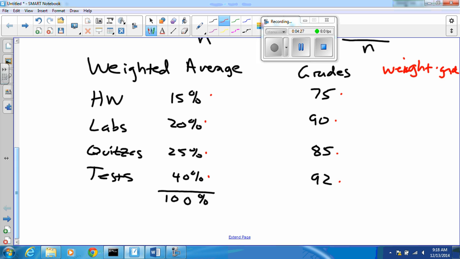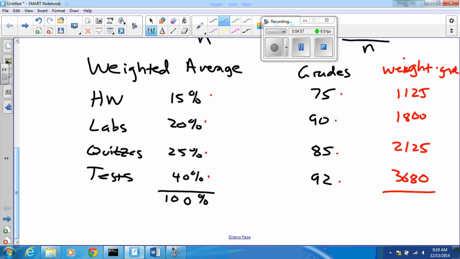And when I multiply the weight times the grade, I get these values right here.